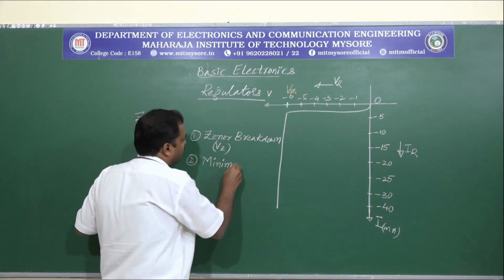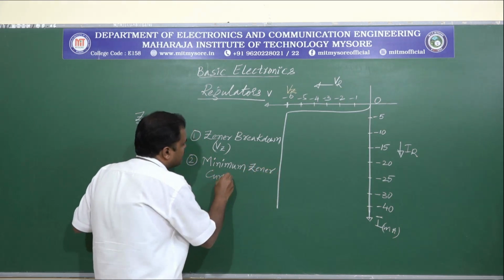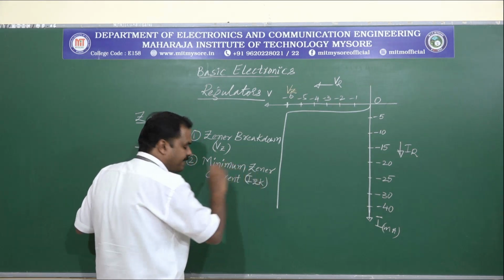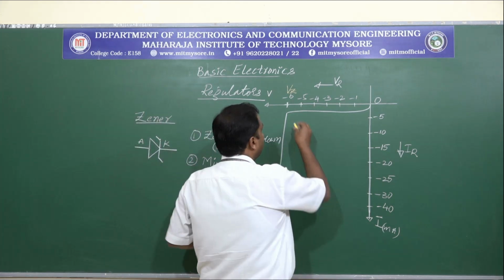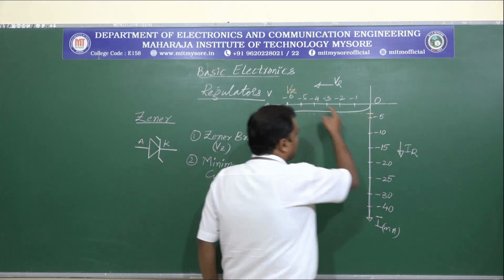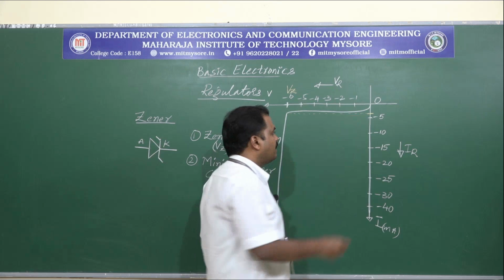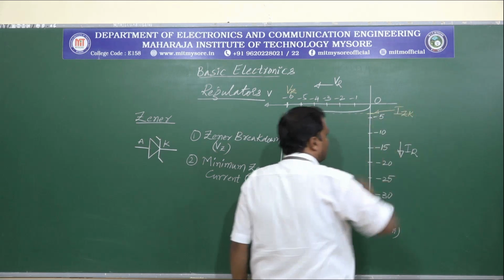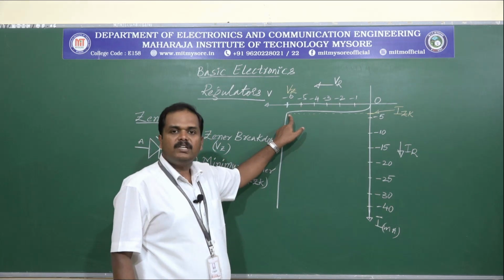And the second parameter is the minimum Zener current, which is represented as IZK. Coming to this graph, IZK is the reverse current read at the knee of the reverse characteristics.